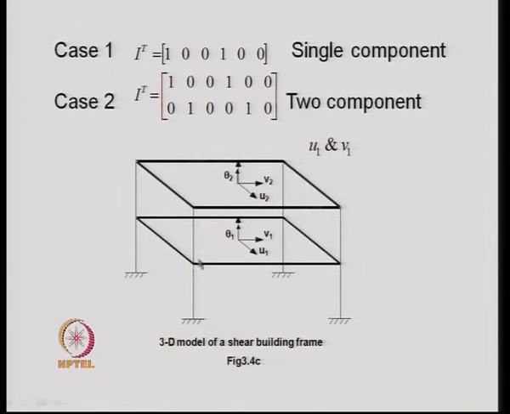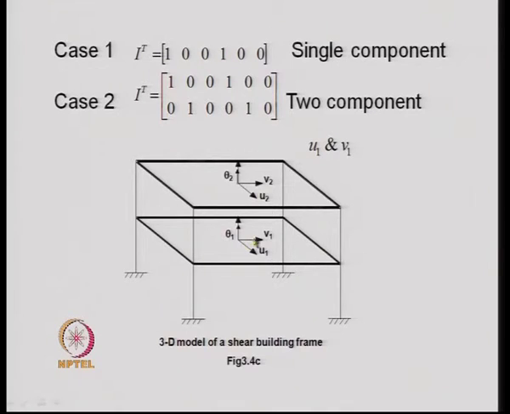Similarly, if we wish to write down the influence coefficient vector for this 3-dimensional frame, then for single component earthquake, obviously, if the earthquake is in this direction, then we have got 1 0 0. That means, at the center of the floor we have got 3 degrees of freedom, 2 translation and 1 rotation about a vertical axis.